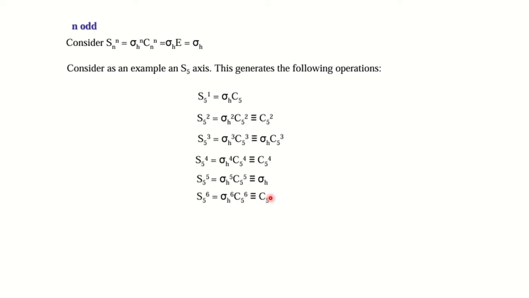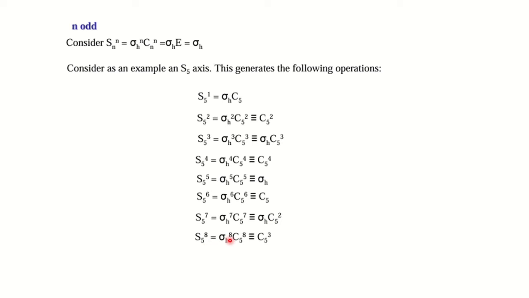C5^5 is identity, so ultimately you end up with C5. S5^7 you can write like this, so sigma h^6 into sigma h. 6 is even, so for 7 you end up with sigma h. And C5^7, again you can write C5^5 into C5^2. C5^5 is identity, so we end up with C5^2, and you cannot reduce it further.